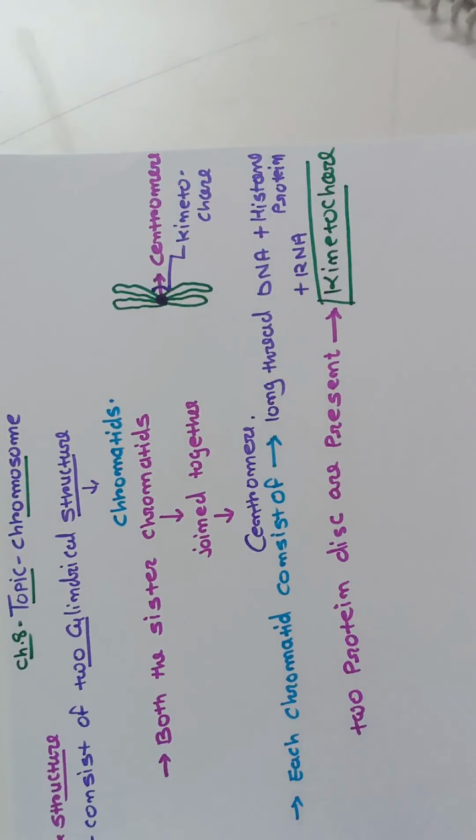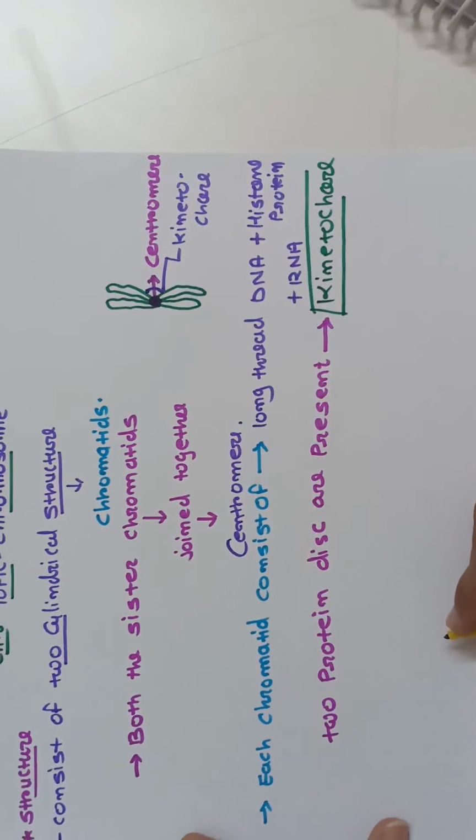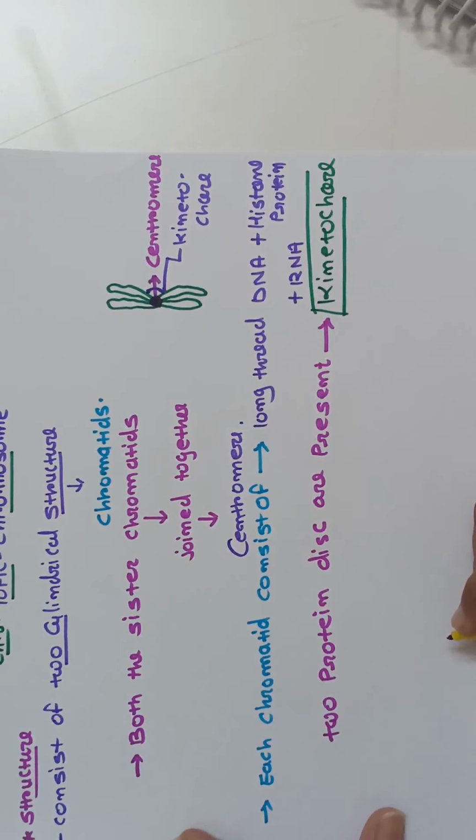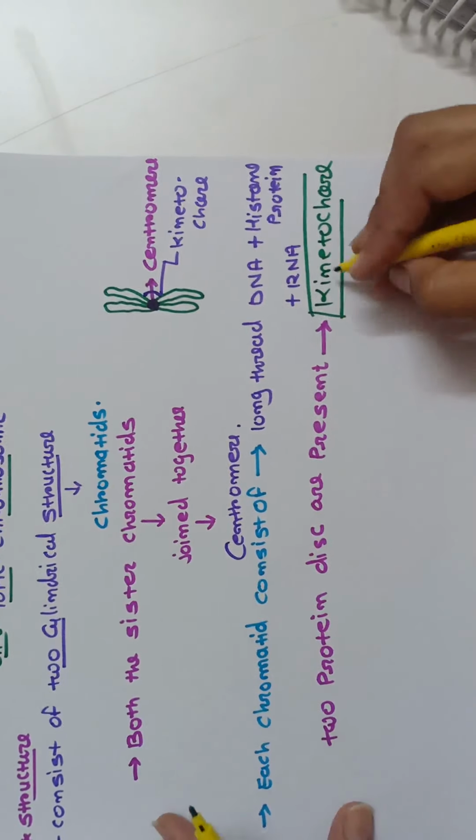These kinetochores constitute the actual site of attachment of spindle fibers during cell division.